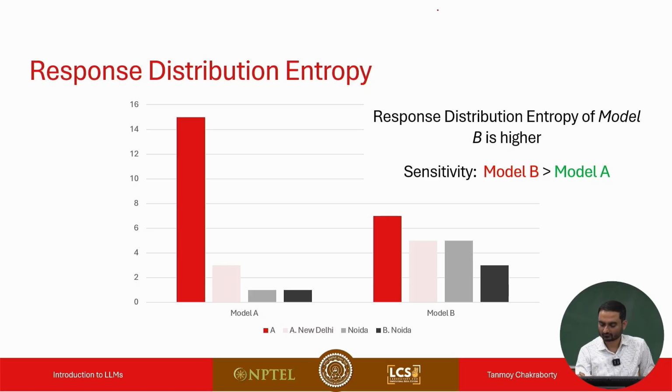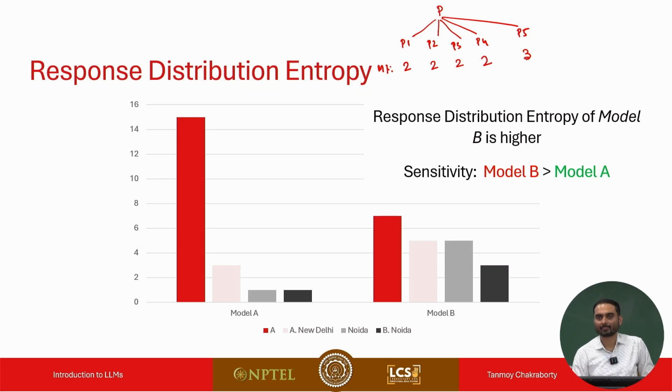Let's say you have a prompt P and 5 different variations of the prompt, P1, P2, P3, P4, P5. Let's say it's a maths reasoning question, and you want the model to produce a number. Model 1 produces 2, 2, 2, 2, 3. Model 2 produces 2, 2, 3, 4, 5.